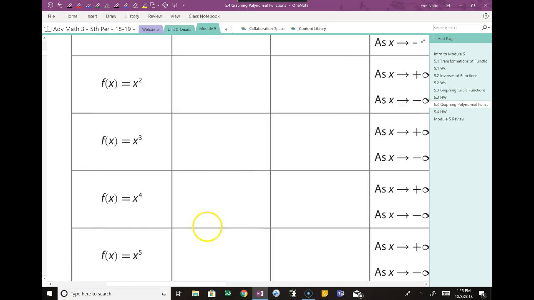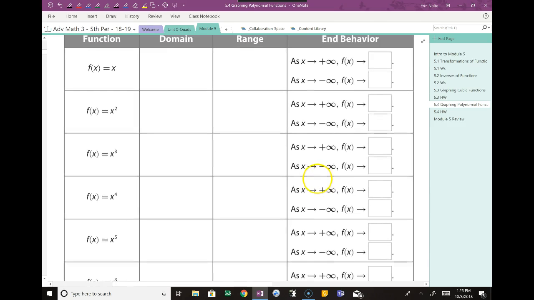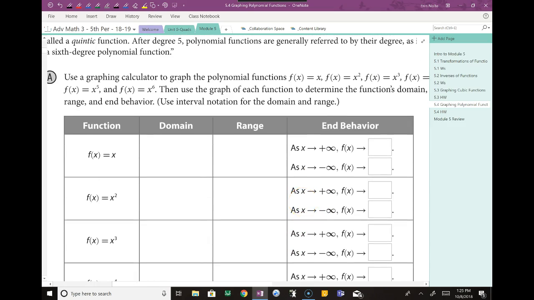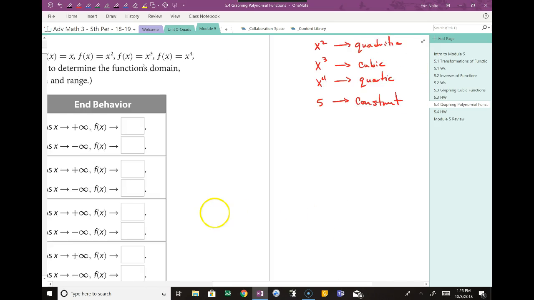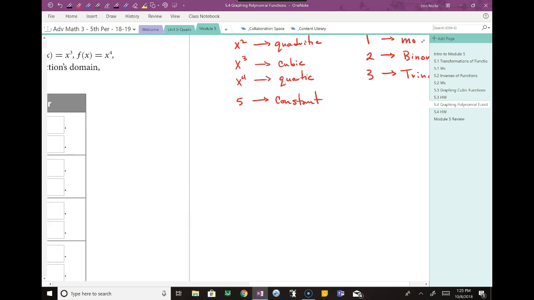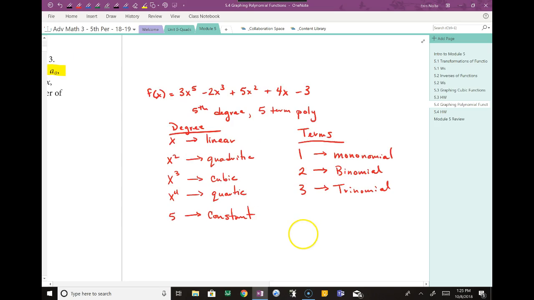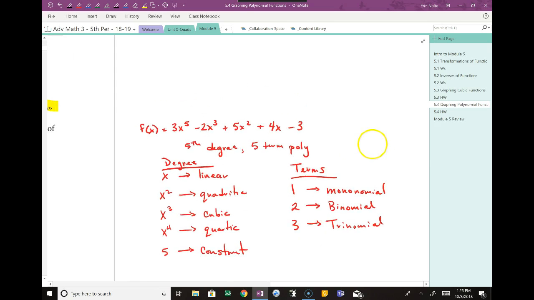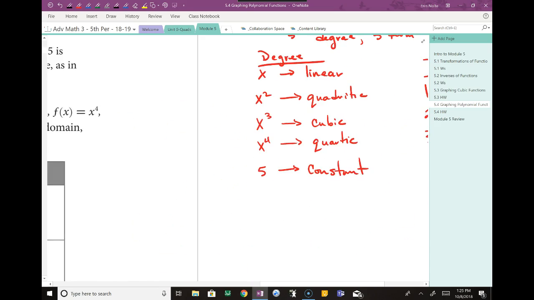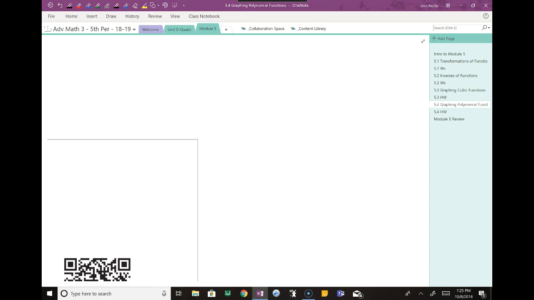So, let's see. Okay, so this is kind of an interesting thing. When you're looking at your leading term, when I say the word leading term, do you know which one I'm referencing? The first one, yeah, right? Mathematicians aren't creative. Leading, the one that's leading the group.